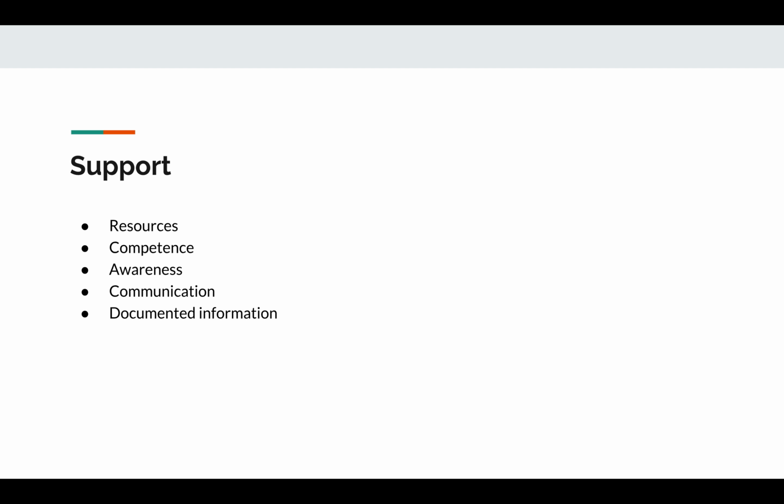So after we have all those policy and strategy, we need to have some documented information. So here are some rules to create and update documented information.